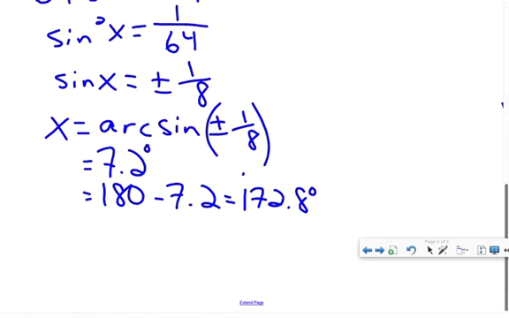Okay, so x equals 7.2, x equals also 172.8, but what else can it equal? Well, what if I type in negative 1/8 and take the inverse sine of that? Well, then I have the opposite angles.